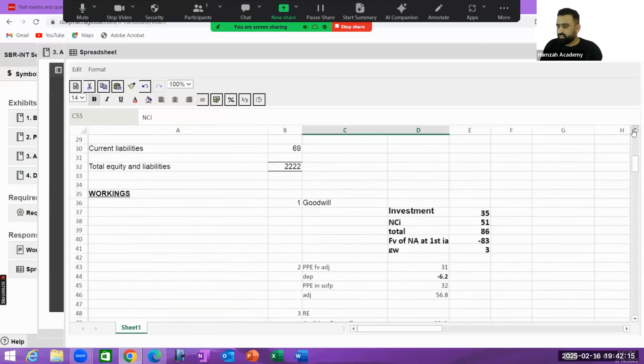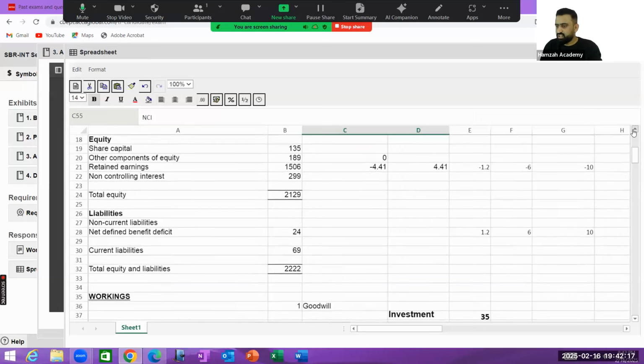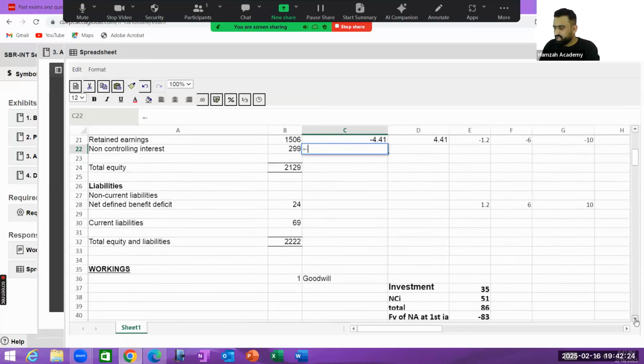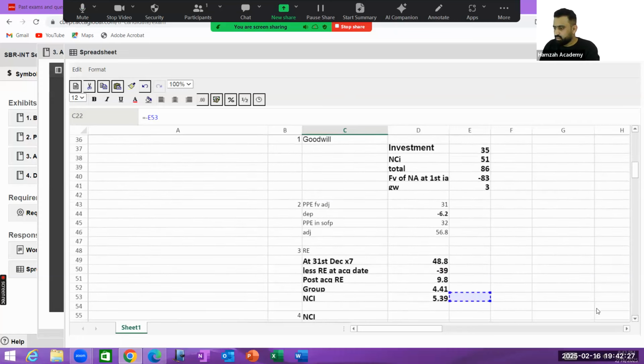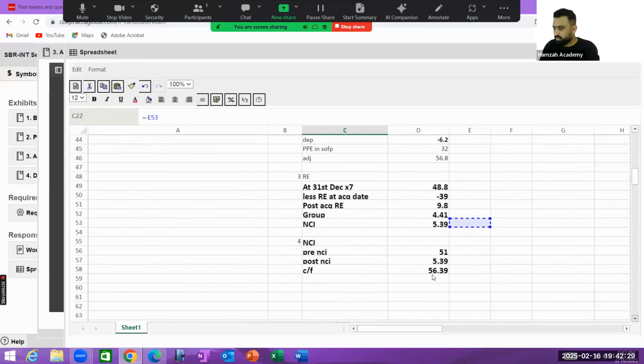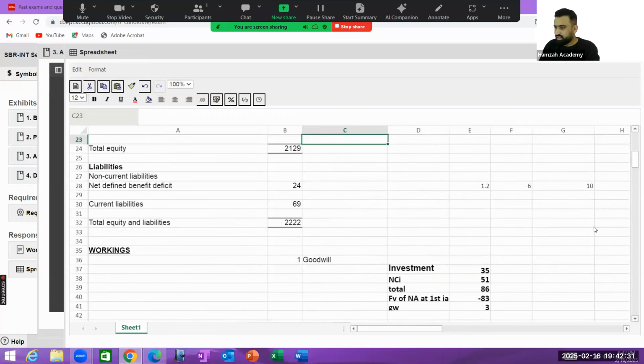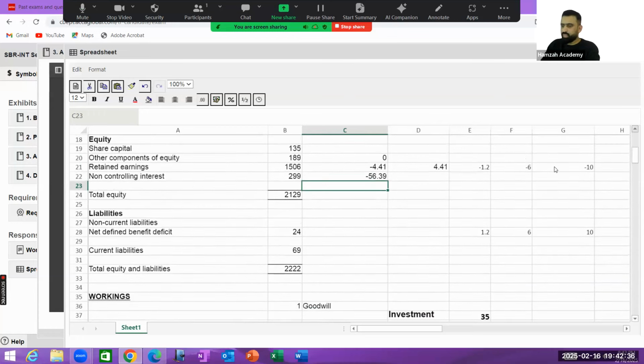And now that value of NCI again needs to be adjusted. So that will be deducted from here, and that is 56.39. Now continuing that, we have net deficit liability that has been adjusted, and now we need to look at the current liability.